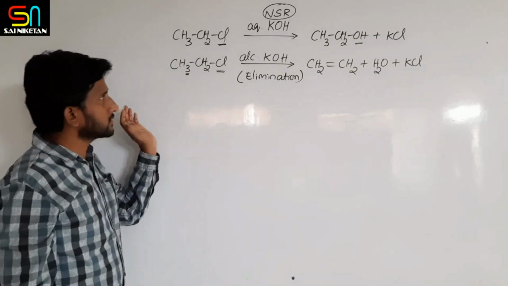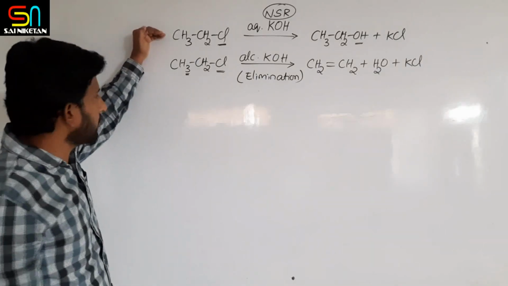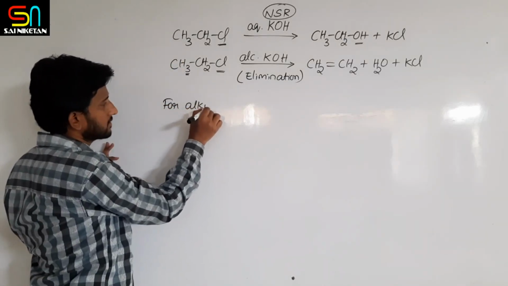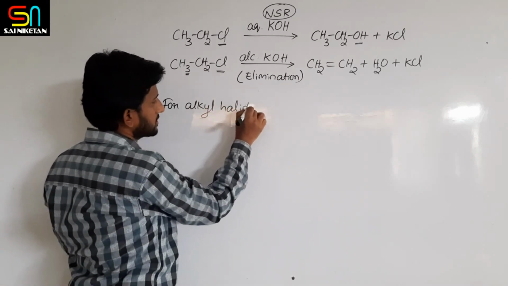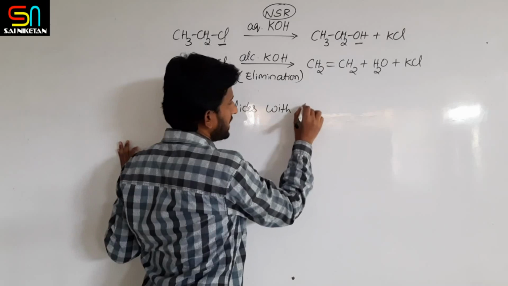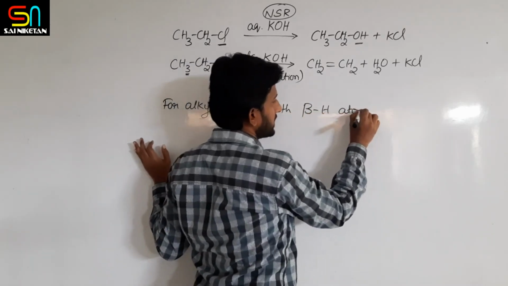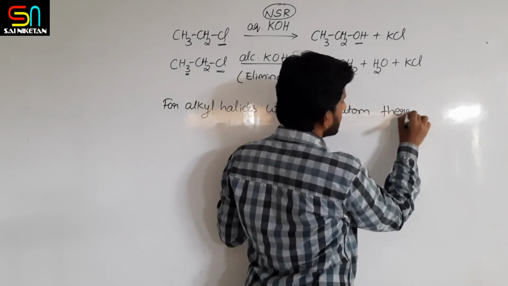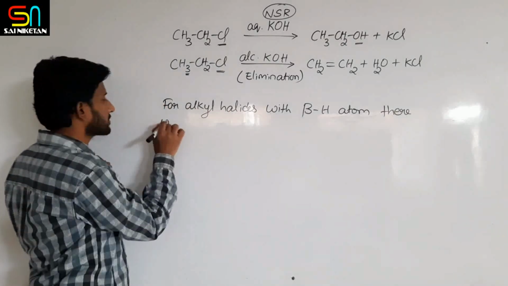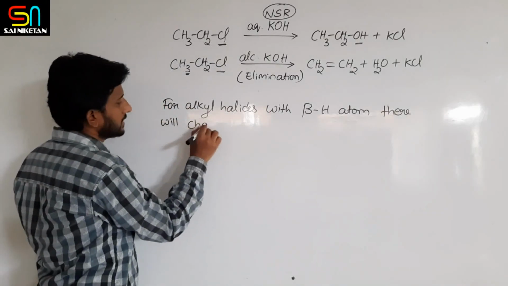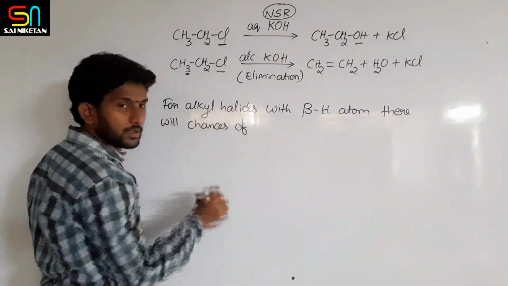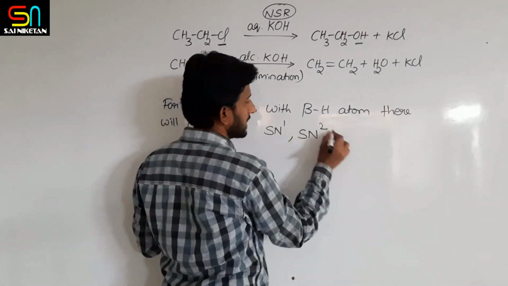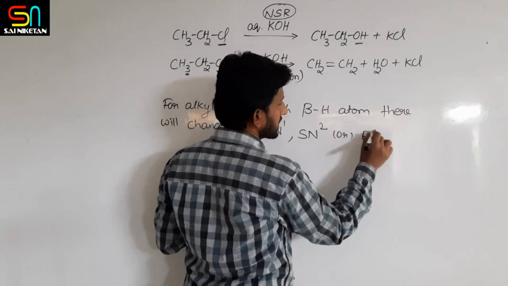Right or not? So that means for alkyl halides with beta hydrogen atoms, there will be chances of either SN1 or SN2 reactions, that is nucleophilic substitution reactions, or elimination reactions.